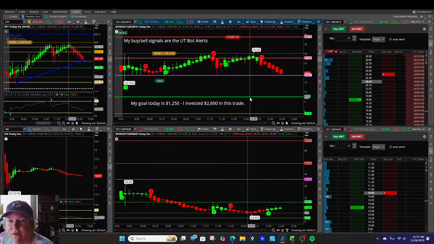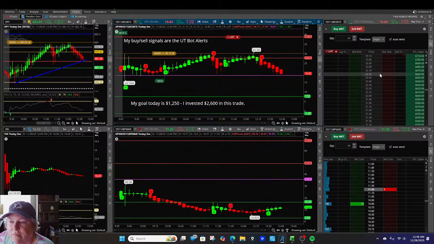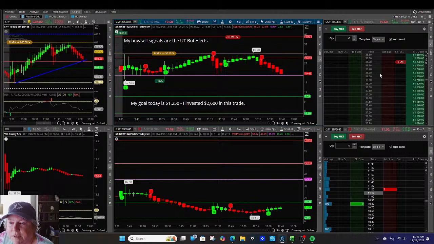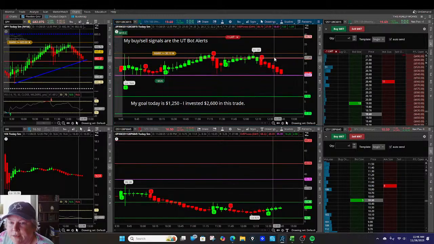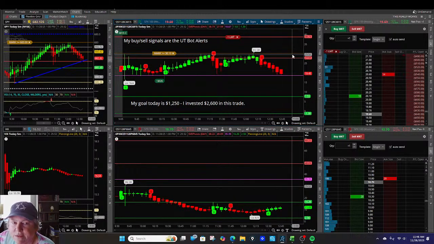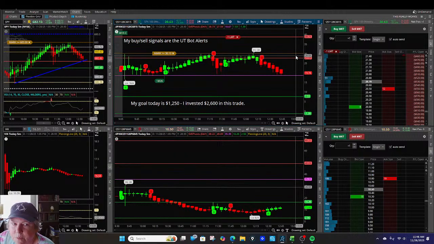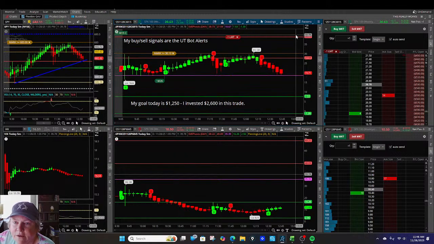This one up here at 38.73, I am selling this at 38.60. So I anticipate it going through this resistance and heading all the way up here.